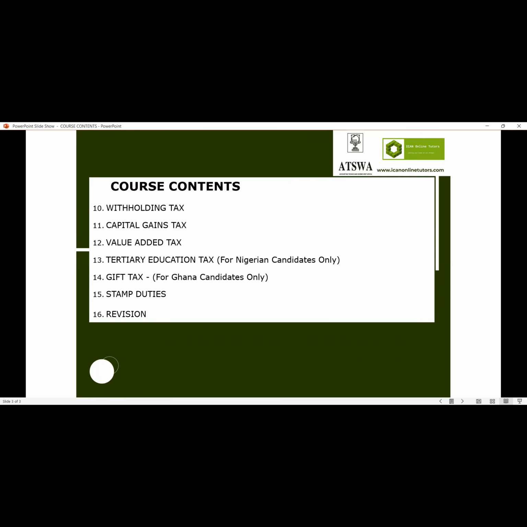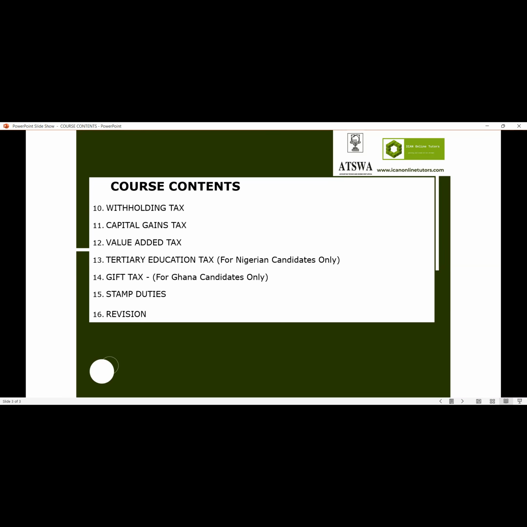That is, the payer of the dividend should deduct 10% of the dividend before paying. So now the beneficiary of this payment, who is, for instance, B, has suffered 10% from the dividend received.